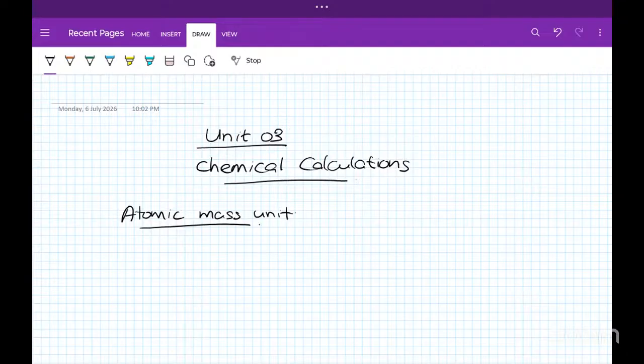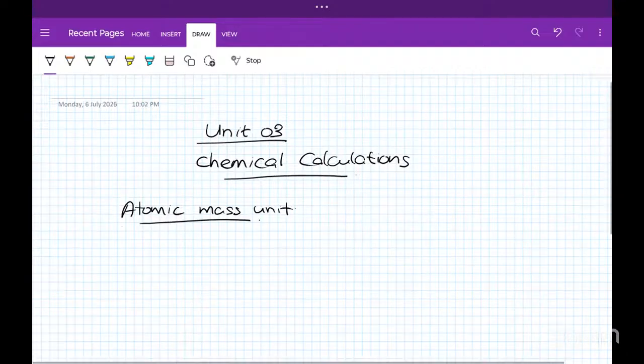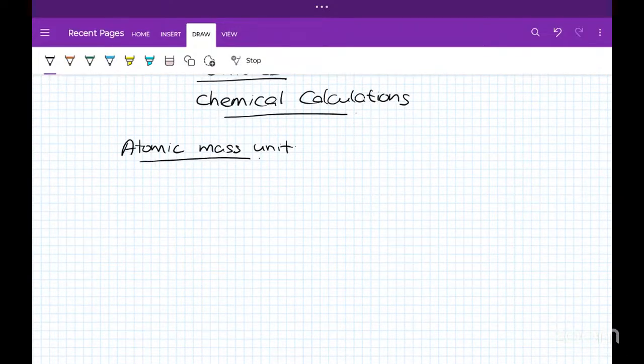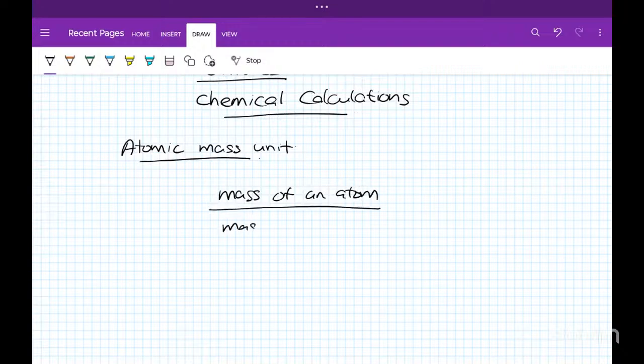Initially, people tried to measure this compared to the mass of the H-1 atom. They take the mass of an atom and divide it by the mass of the H-1 atom. This was the initial atomic mass measurement.